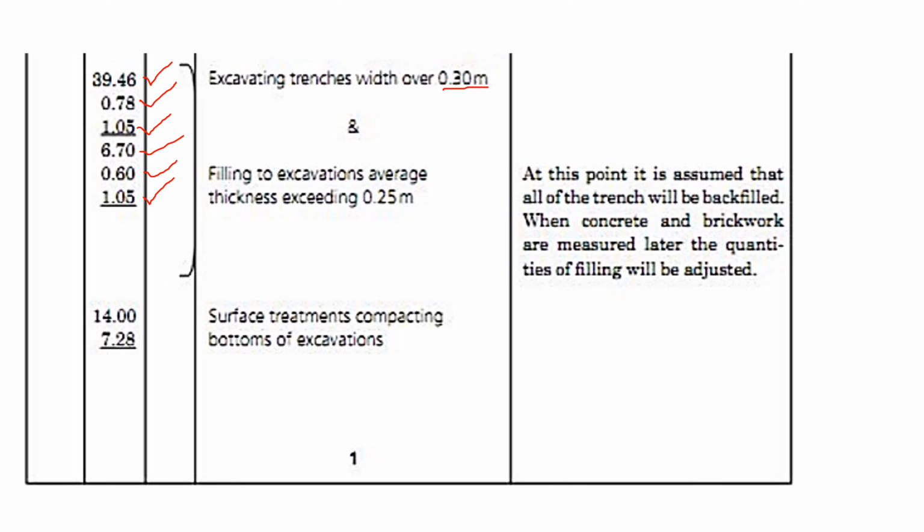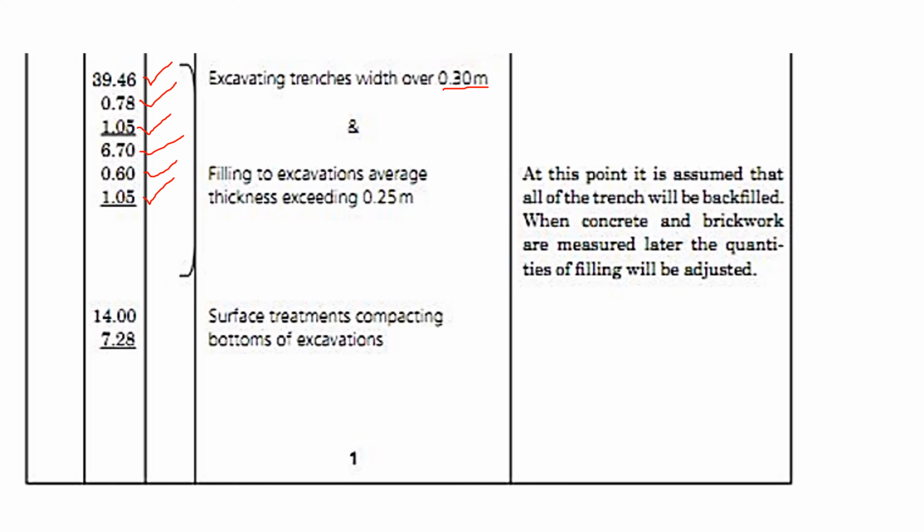All this soil, we shall use it to backfill. We shall add it to RFR, refill and ram. We shall adjust the volume of soil when we replace it with concrete and brickwork. So any other soil that we shall calculate, either in brickwork or concrete, that volume that will replace the soil is the one we shall deduct from RFR and add to cart away, the soil that we shall dispose away from the site.